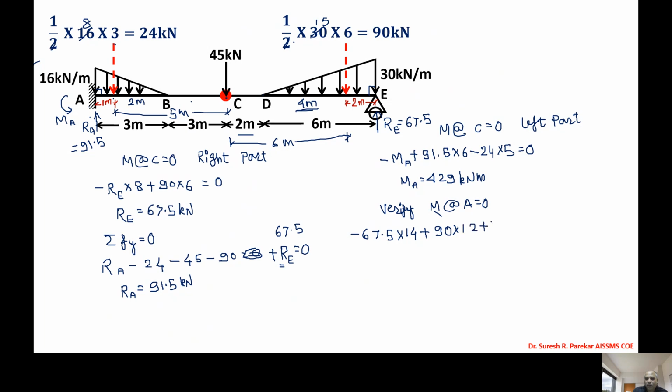Then due to 45 plus 45 into 6, and then plus 24 into 1 equal to 0. Sorry, minus MA equal to 0.